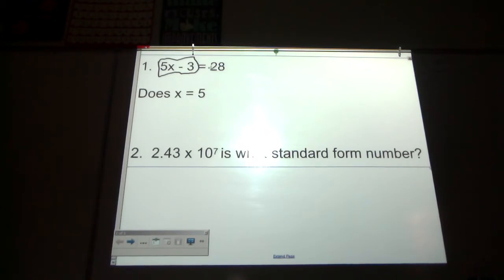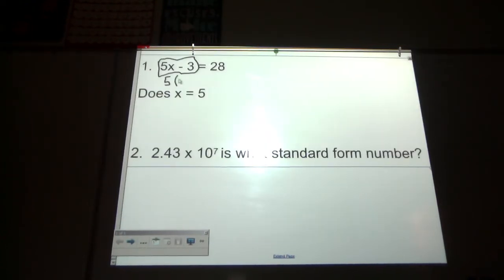Now, our job for this is, it's asking, does x really equal 5? And this ties in directly with 110. So we put 5 into the equation, and we have to follow the order of operations. So this says 5 times our value of x, which is 5, and then we subtract 3.